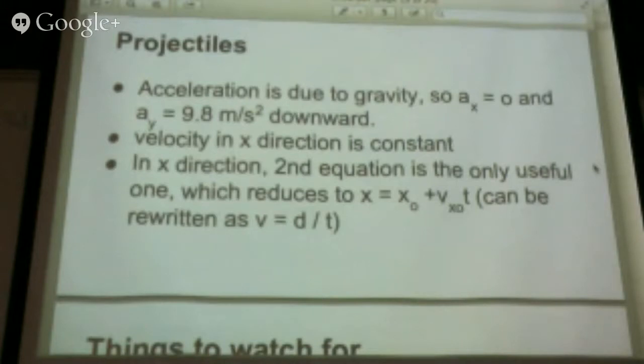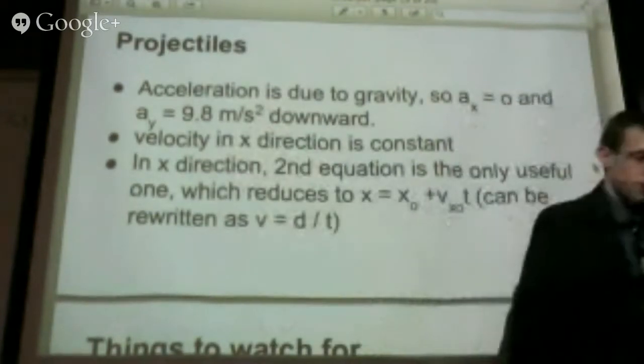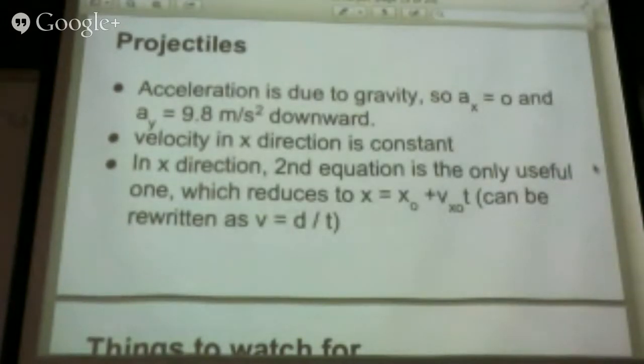Hopefully not a projectile. You don't want to be on the plane if it's behaving like a projectile. So we could have acceleration in the x direction, we could have acceleration in the y direction, or maybe it's got constant velocity and we don't have acceleration in either direction. So just be aware of those things. If they don't give you the information to know that it's a projectile, then we shouldn't start with the assumption that acceleration is 0 or 9.8 for the x and y directions respectively.